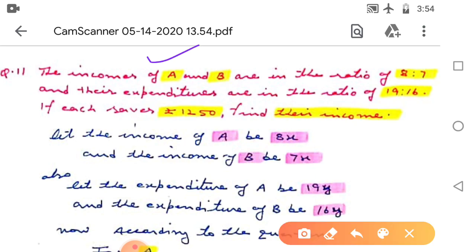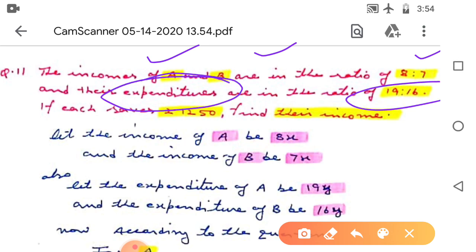The incomes of A and B are in the ratio 8 is to 7, their expenditures are in the ratio 19 is to 16, and if each saves 1250 rupees, find their income.